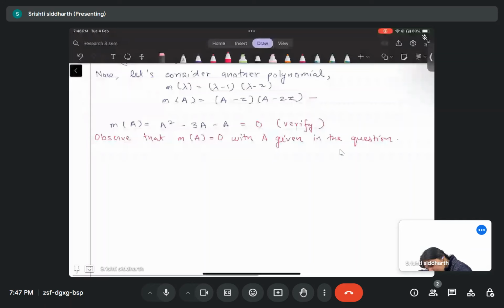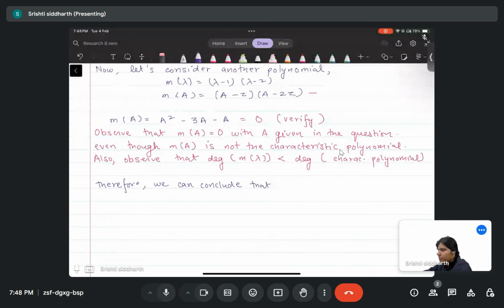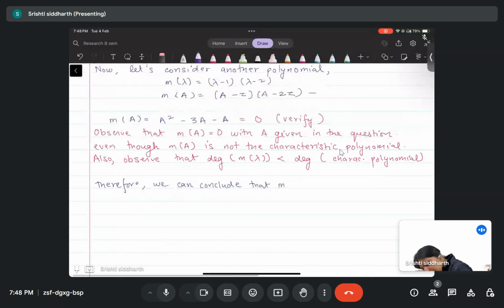So this means that, therefore, we can conclude that m lambda is the minimal polynomial of A.